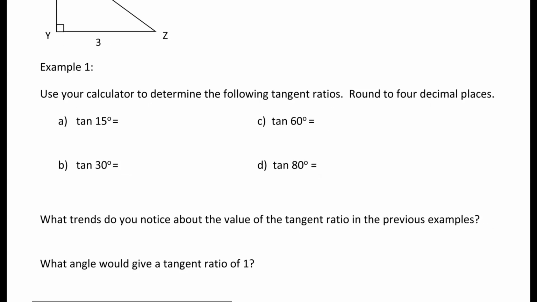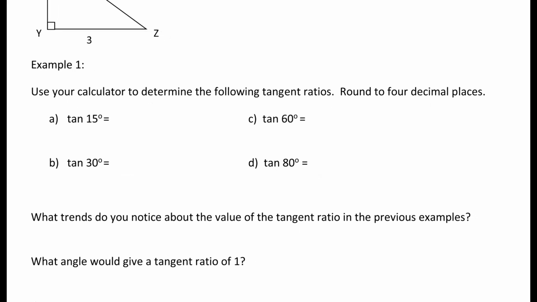Example 1 here is going to be similar to how we did this for sine and cos. You want to use your calculator to determine the following tangent ratios. Round to 4 decimal places. It's important that you're going to 4 decimal places when we're looking at these numbers.